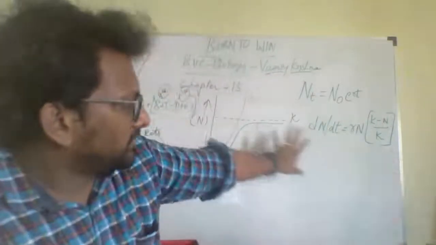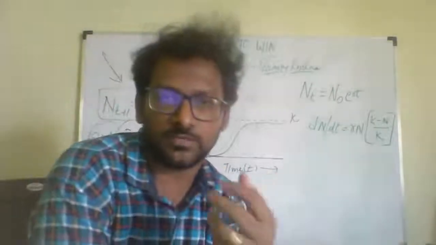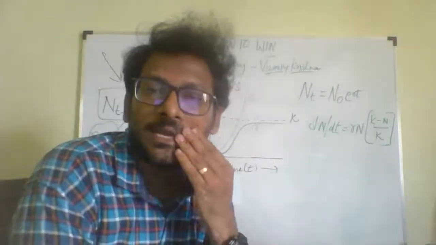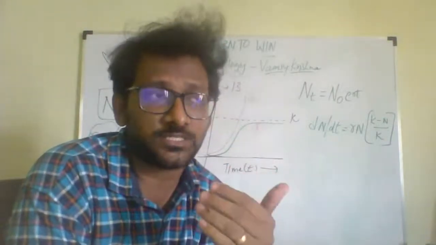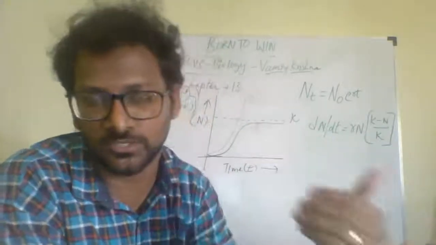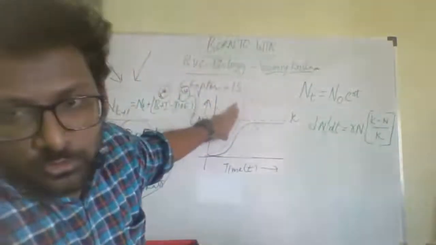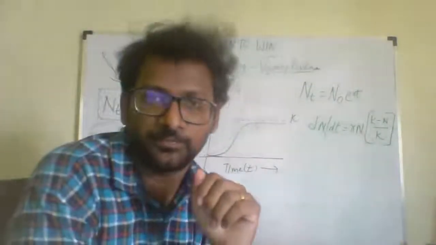So this is something theoretical. This type of exponential growth you will be seeing when it comes to some bacteria, and theoretically it's there. But if you see in nature, especially in humans, this exponential growth will not be seen, right?